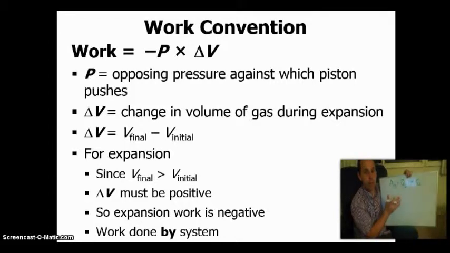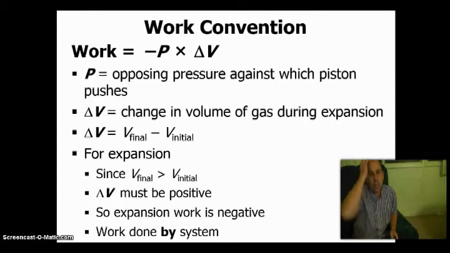And so this reaction would benefit from the atmosphere compressing these two chemicals together to form a solid. So you could actually get work done by the surroundings on the system in some cases. The change in volume is going to relate to us how much work was either done on the system or by the system.